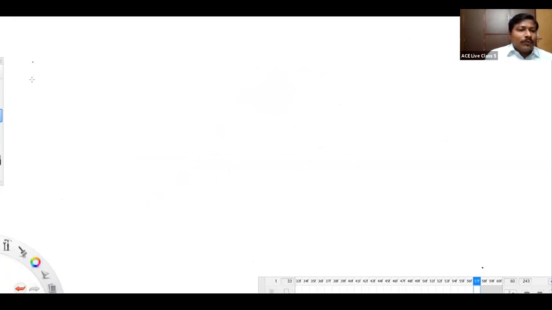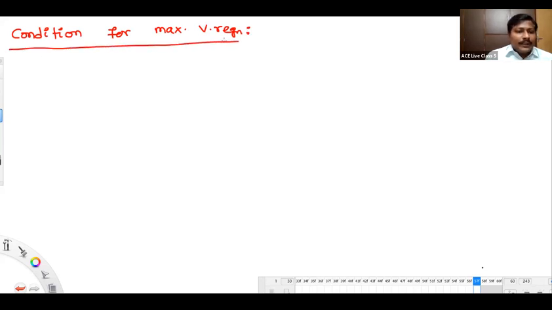Condition for maximum voltage regulation. Maximum voltage regulation first occurs at lagging load. Okay, that's one thing.